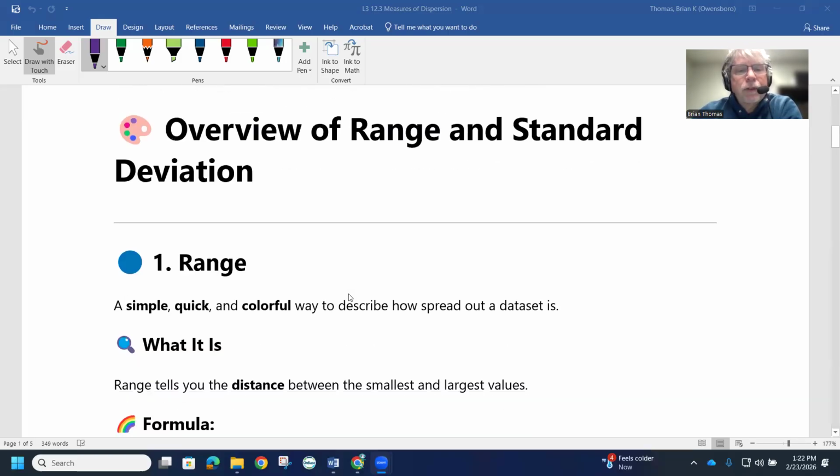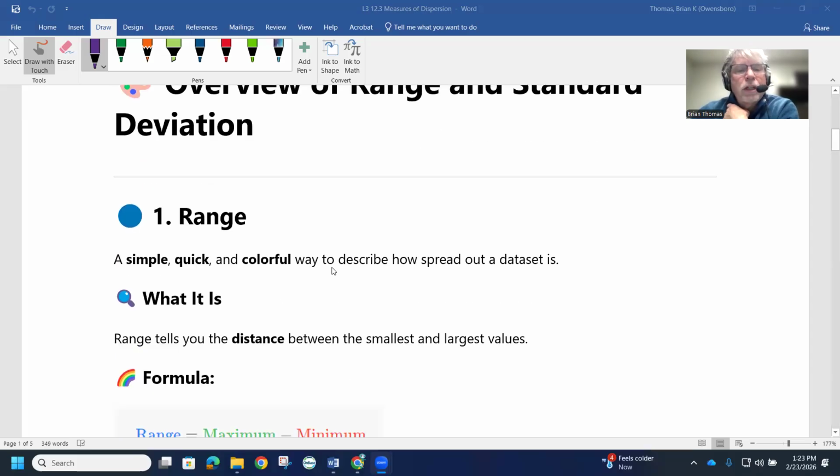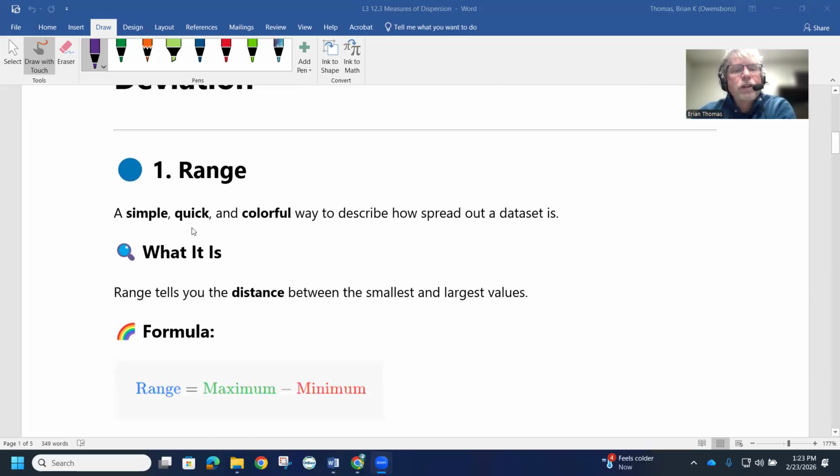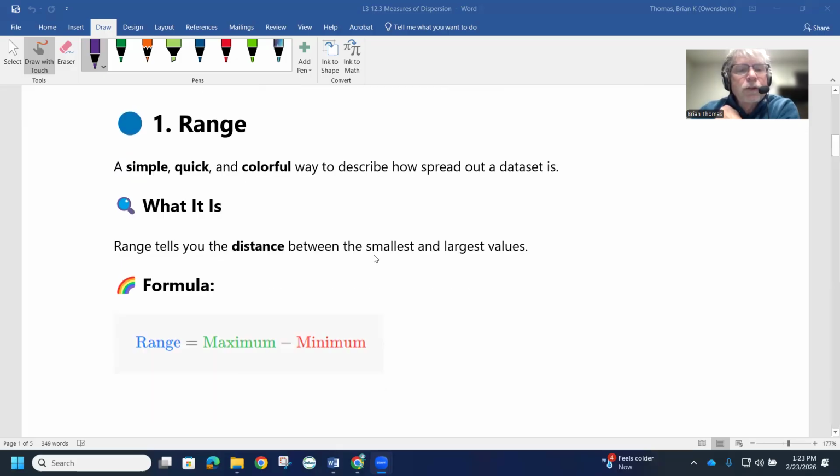So for us in statistics, we're really going to focus on two types, range and standard deviation. When it comes to range, a range is a simple, quick way to describe how a data set is spread out. So what is it? Range tells you the distance between the smallest and the largest values.